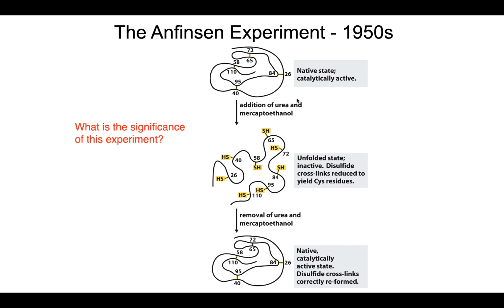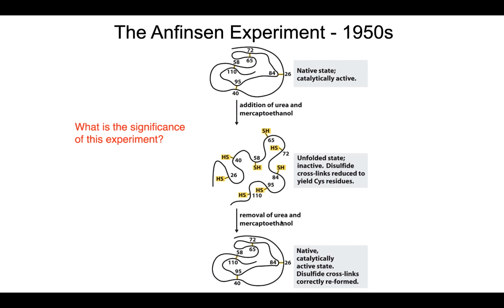They then added several denaturants to the solution in which this protein was dissolved, and they denatured it. They broke disulfide bonds, they broke all of the various weak interactions, and they showed at this point, because it was unfolded, because it was denatured, it no longer had any function.